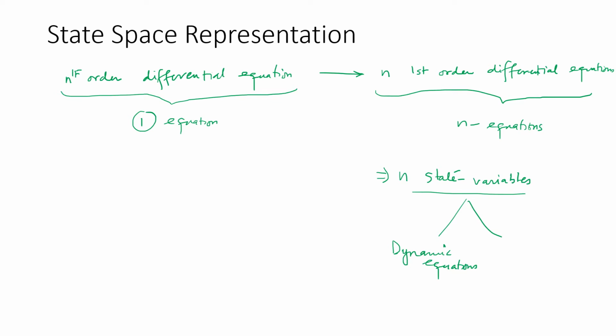And the other one, what we call the output equation. We will see that in the next slide, but that is an important point to make, that we are going to use this representation scheme to define two types of equations. One defines the dynamics of the system, and the other defines the output of the system. How it is structured, let's see that.